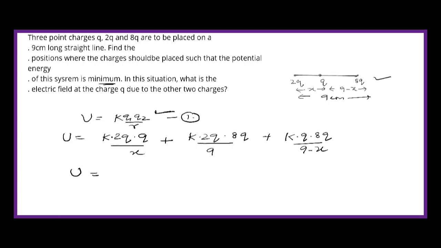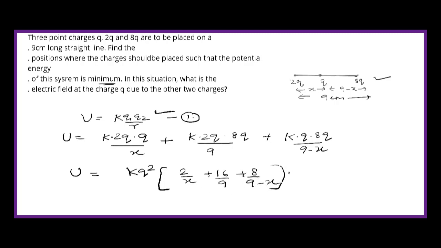Now you can solve these combinations. U is equal to, you can take K and Q squared outside the bracket, and in the bracket we have 2 by x plus 16 by 9 plus 8 divided by 9 minus x.